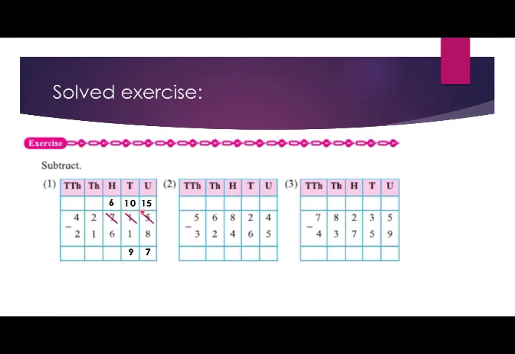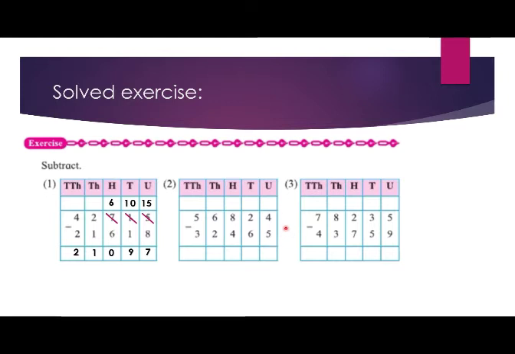Okay, so 10 minus 1, 9. 6 minus 6, 0. 2 minus 1, 1. 4 minus 2, 2. Okay, students, I hope you understood. Same way, the way we did 4-digit subtraction, we are solving this 5-digit subtraction. Nothing new in this, only one column is added.